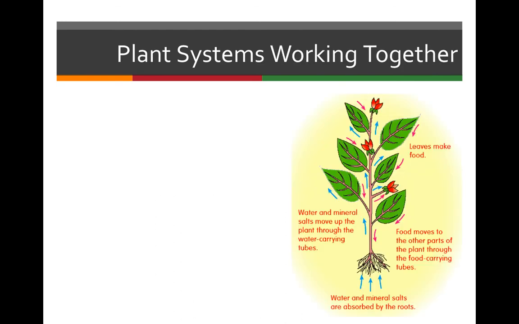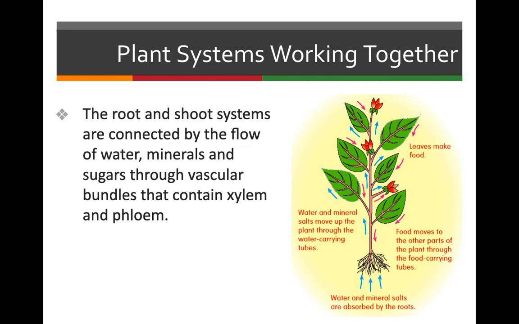And those two plant systems work together, just like in our body, our systems work together, right? Our respiratory system brings in oxygen and our circulatory system transports it around. Okay? Similarly, the root and shoot systems work together. They're connected by the flow of water, minerals, and sugars through vascular bundles that contain xylem and phloem.